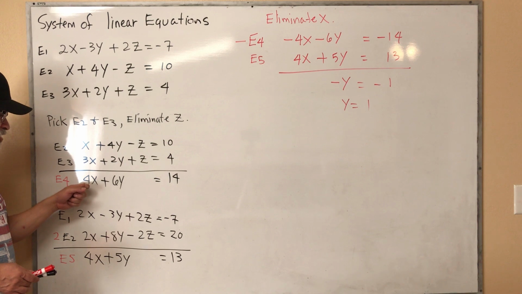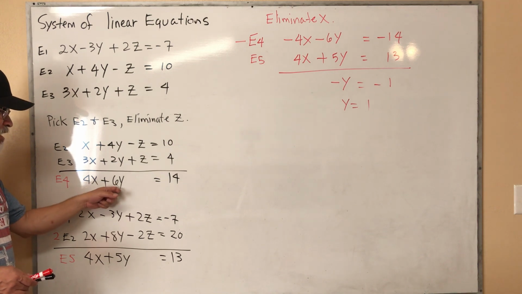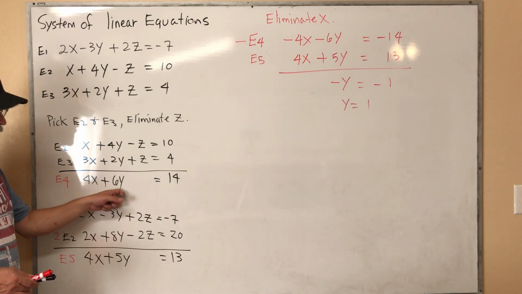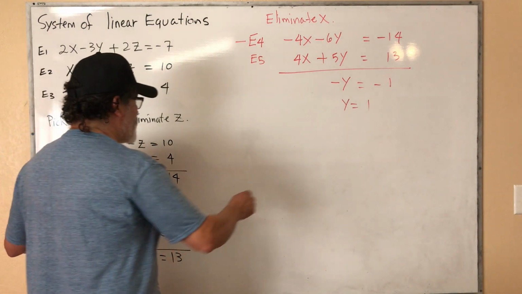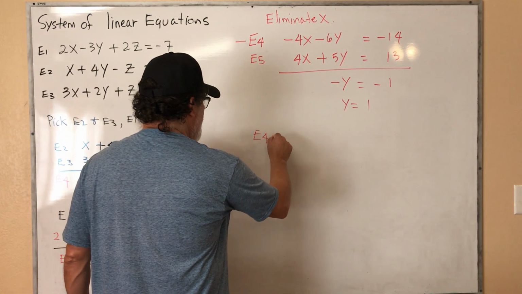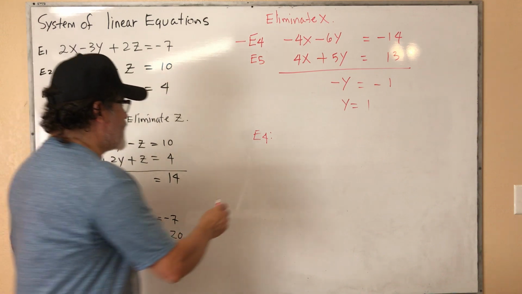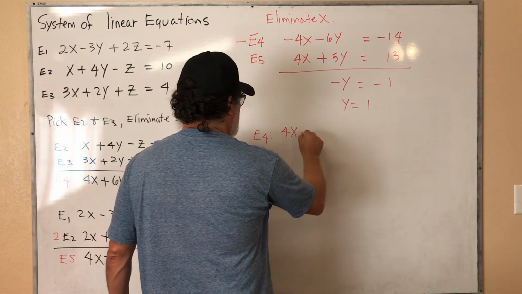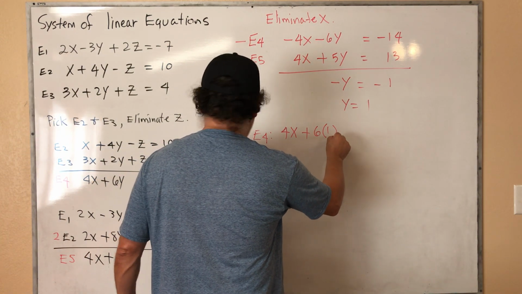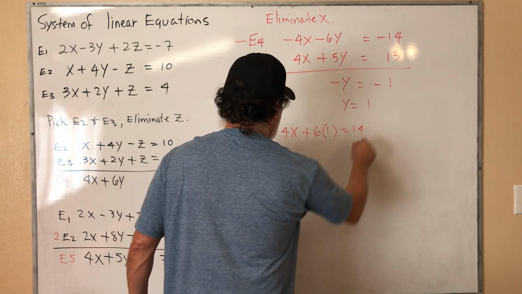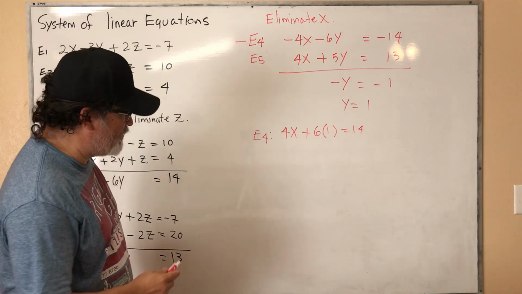Okay? Equation 4 says 4x plus 6y. Y is 1. Okay, no problem. Equation 4: 4x plus 6 times 1 equals 14. Solve.